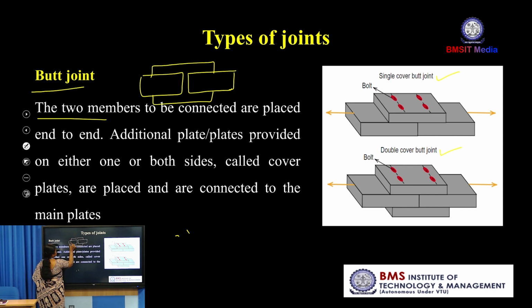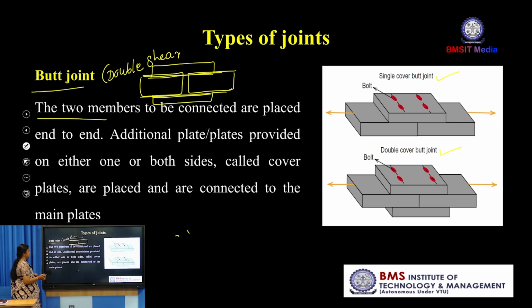Here two contact surfaces are there. One is this one, another one is this one. So, this is subjected to double shear, two shear planes. This is one shear plane and this is another shear plane, double shear. The single cover butt joint is subjected to single shear, because only one shear plane is there.